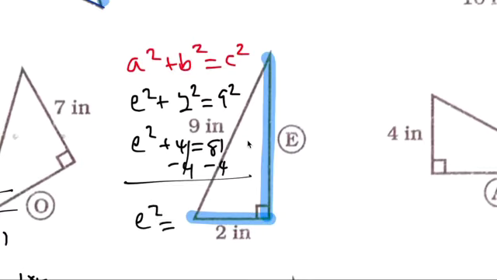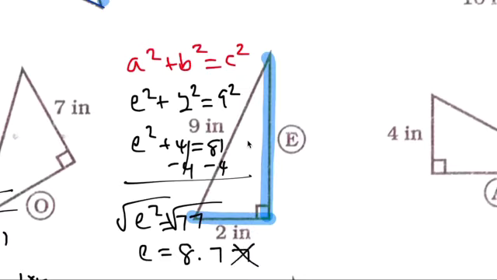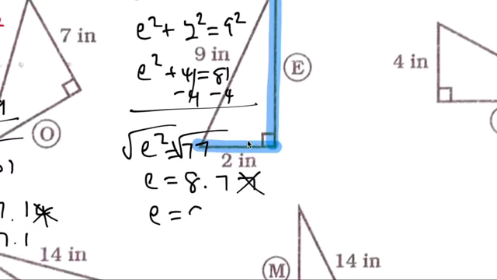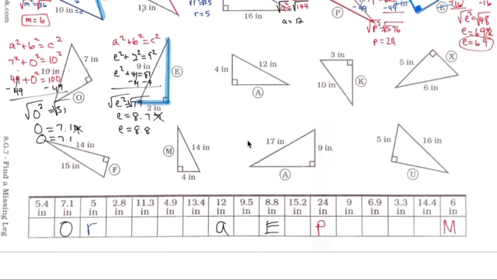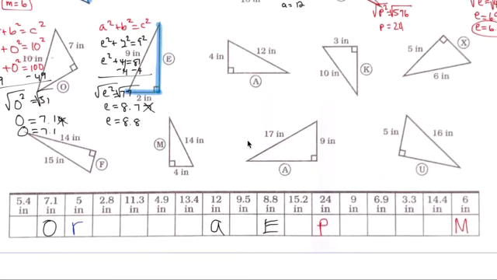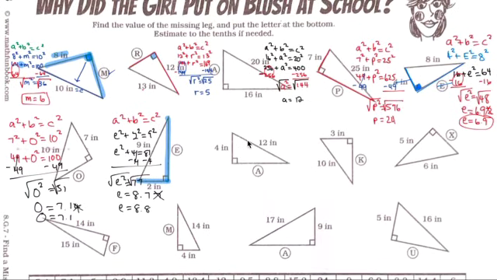E squared equals 77. Take the square root of 77. E equals 8.77. That's a 7. So E is 8.8, goes up to 8.8. And that is letter E down here. So don't forget to put the letter O is 7.1 at the bottom. And then you do the rest.